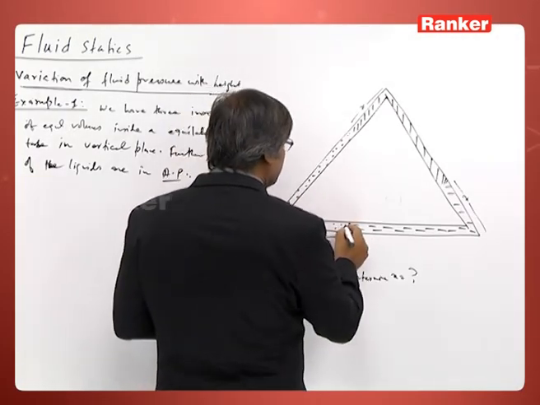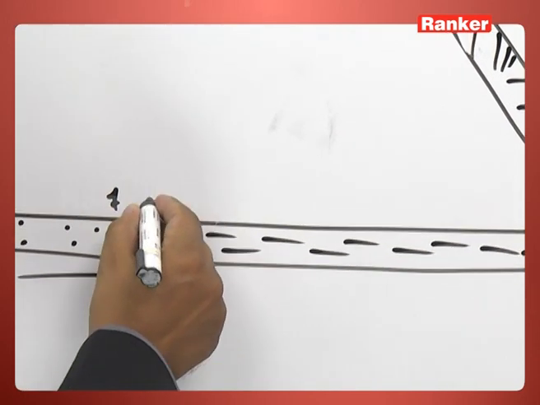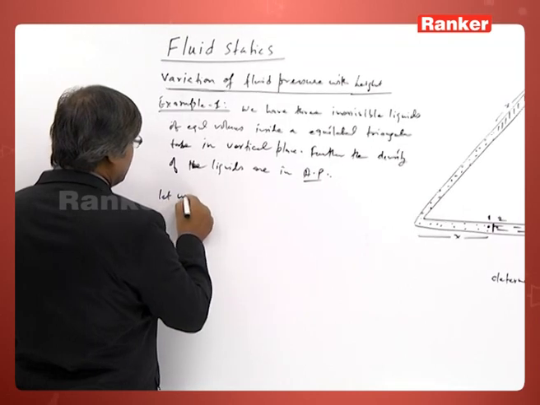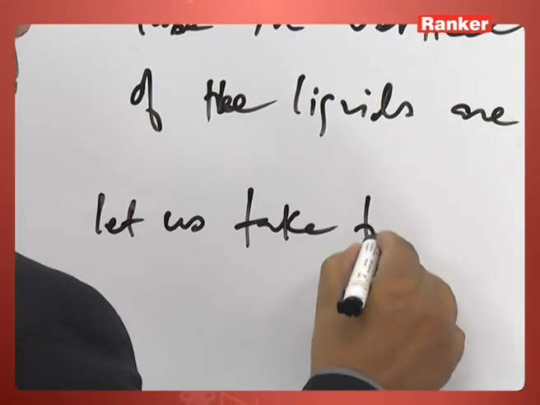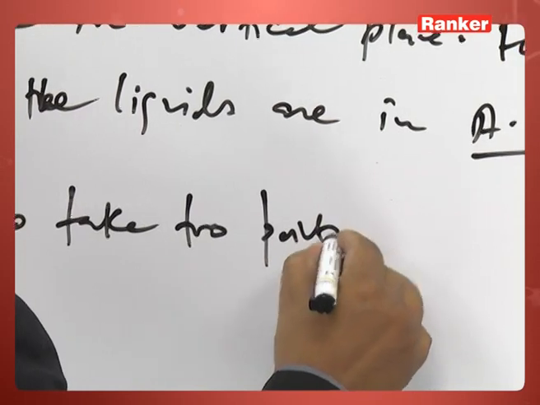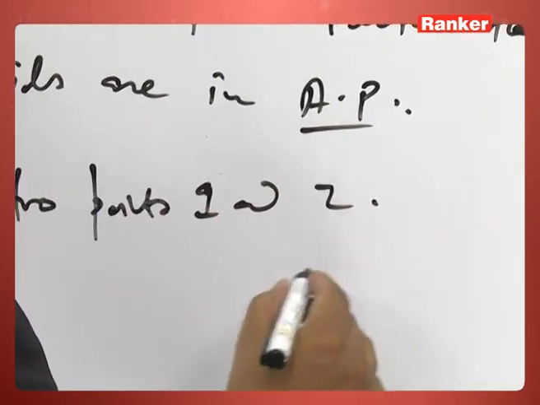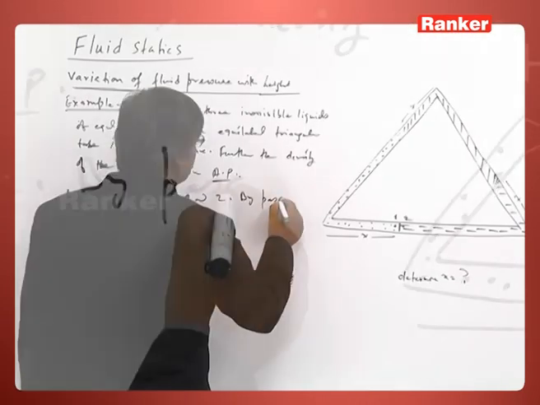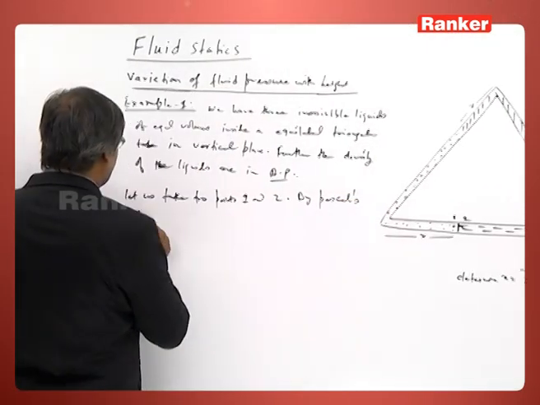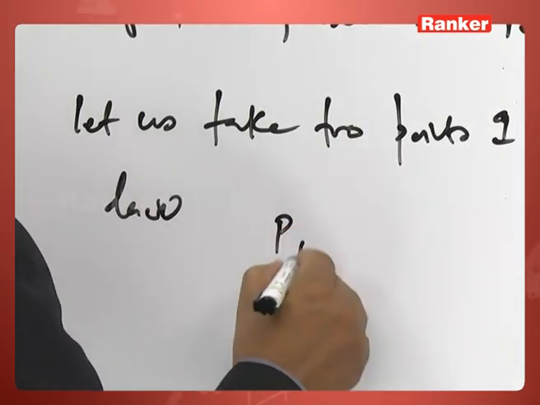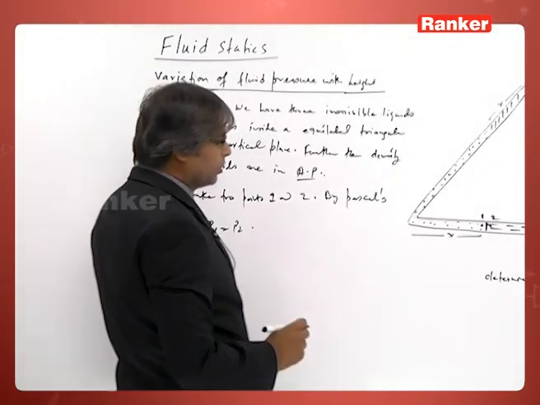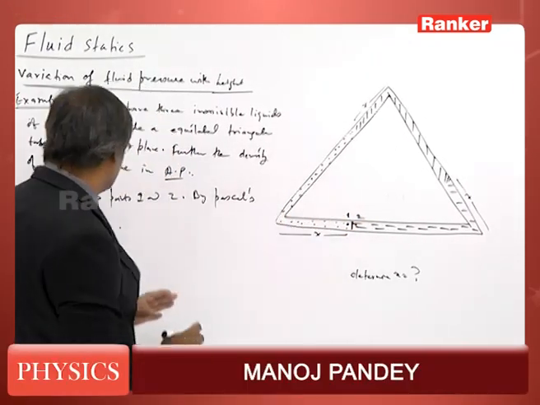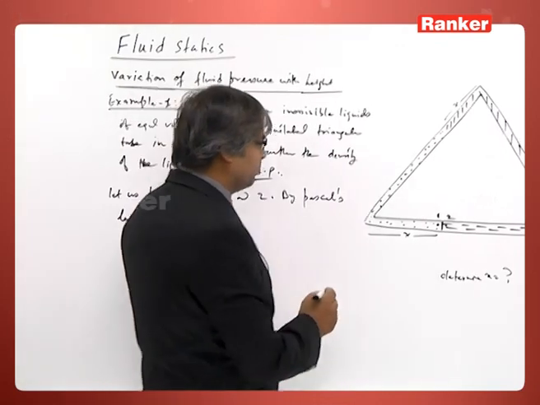So, let us take 2 points 1 and 2, and by Pascal's law, P1 must be equal to P2. So, this is our idea that I will equate the pressures at 1 and 2. Let us see what will be the pressure at P1.